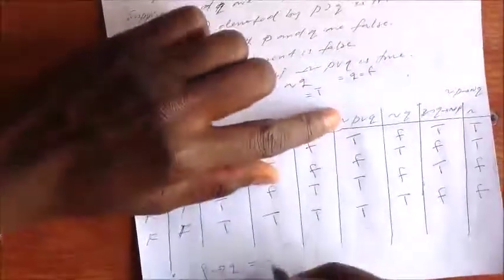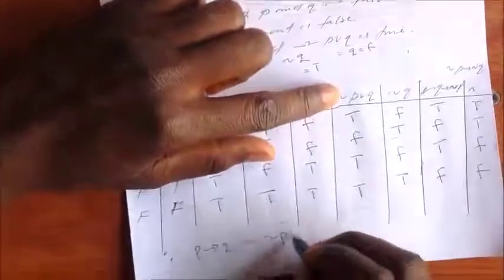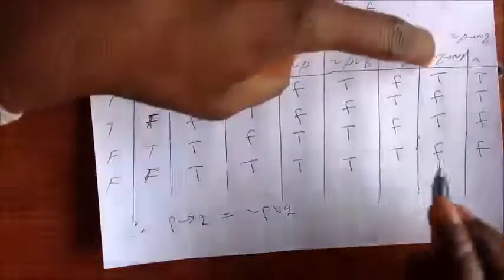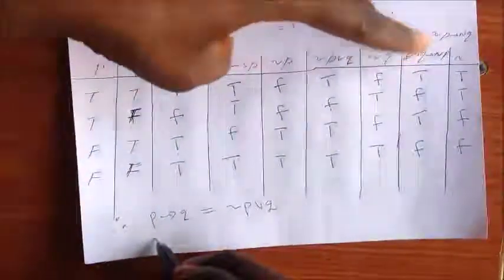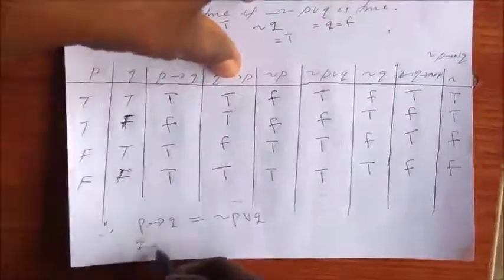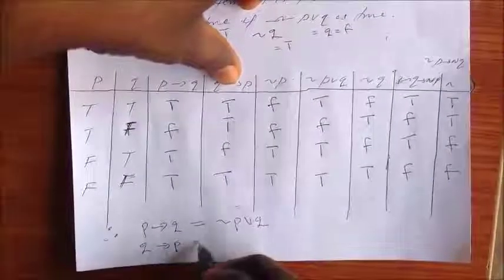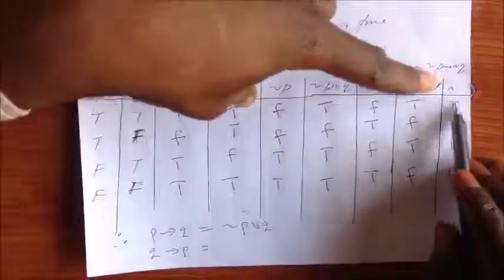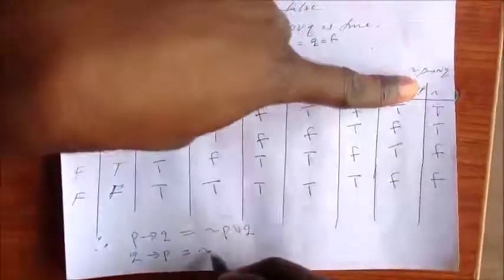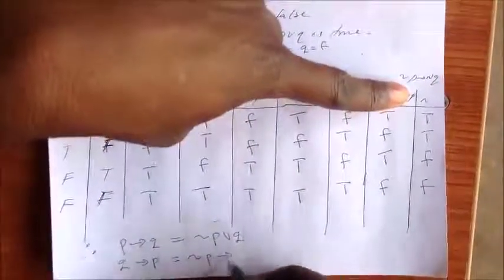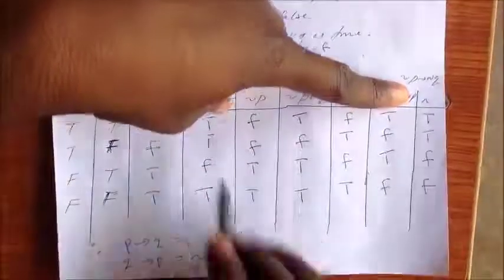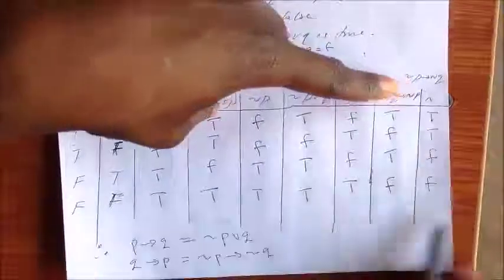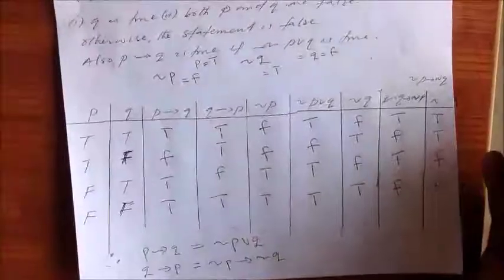Then Q implies P is equal to the negation of P implies the negation of Q, because true, true, true, true, false, false, true. That's what the relation is all about.